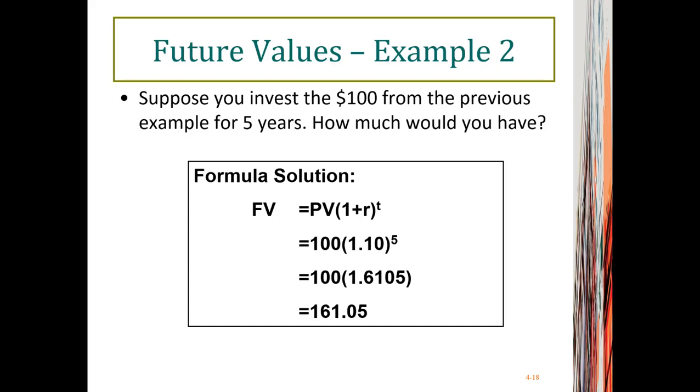On your calculator, you should do the calculation in this manner. You do not start with 100. You start with 1 plus R, so you do 1 plus 0.1. Then you press Y^X, the power function. Then press 5, and your calculator will show 1.6105.